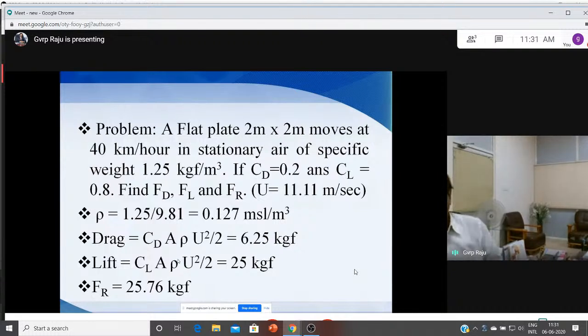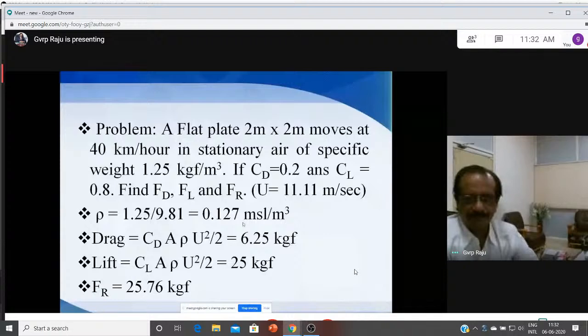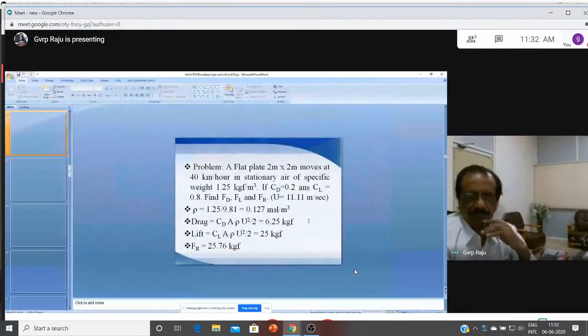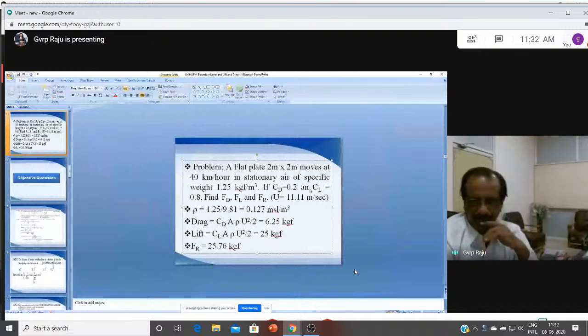Problem. A flat plate 2 meters by 2 meters moves at 40 kilometers per hour in stationary air of specific weight 1.25 kg force per meter cube. The coefficient of drag CD is 0.2 and CL is equal to 0.8.